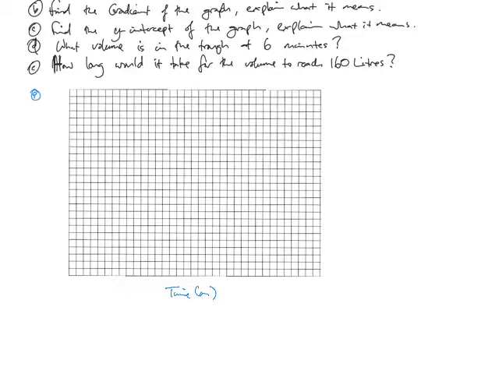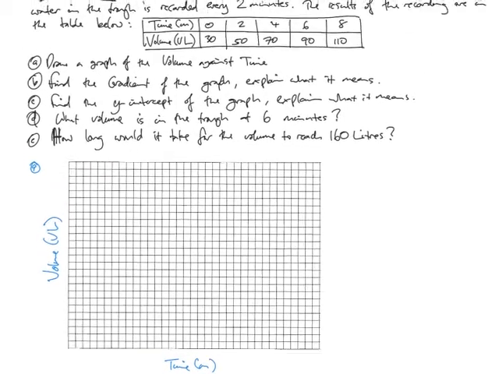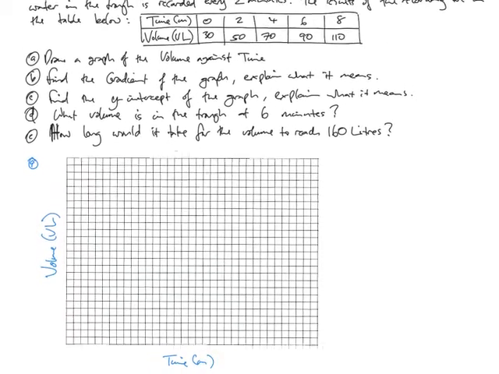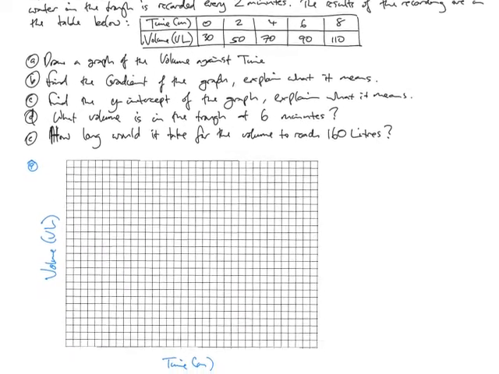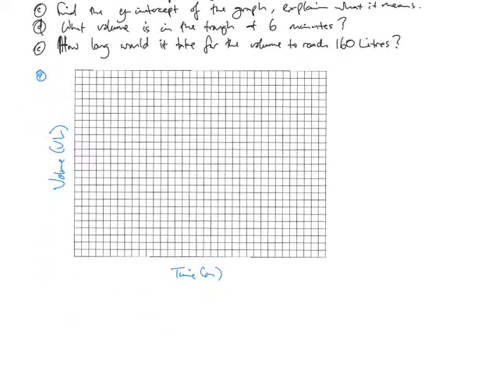And what changes depending on how long he's been filling it for? The volume, V in litres. Okay, so now we've set up the x and the y axes. We need to check how many units we need to go from. So 0 to 20. 0, 2, 4, 6, 8, so we can go up in ones.